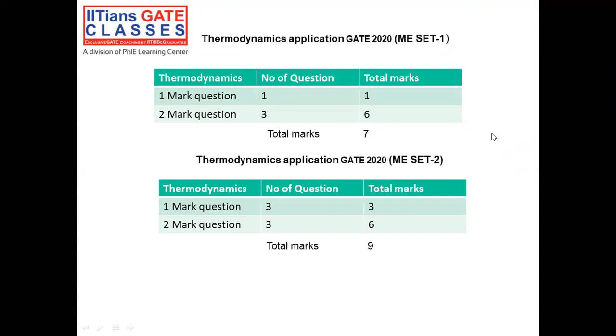Out of 100 marks, 7 marks were allotted to thermodynamic application in GATE 2020 mechanical set 1. Now coming to the mechanical set 2 paper, the weightage was slightly higher as compared to set 1. The 1 mark questions were 3 and 2 mark questions were 3. So the total weightage was around 9%. That is huge regarding thermodynamic application.